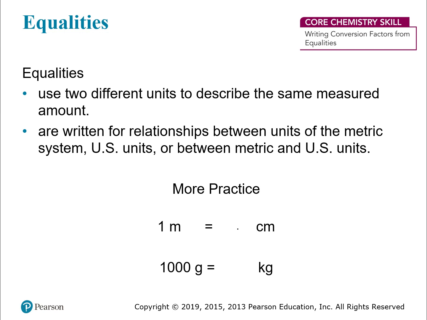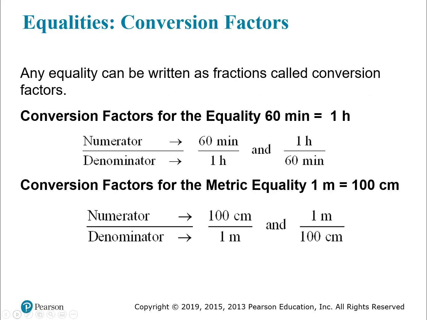So 1 meter is equal to 100 centimeters. 1,000 grams is equal to 1 kilogram. We can take those equalities and write conversion factors. Conversion factors are just fractions, okay? So you take both of the numbers in your equality and you write it as a fraction.